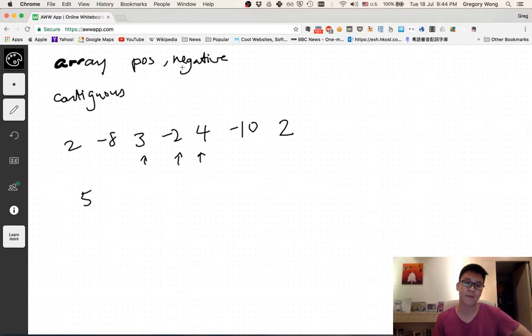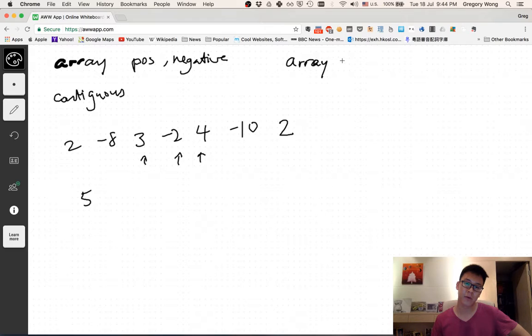Okay, and I have to find. Okay, so the array. How long is the array? Can I assume it's at least length 1?